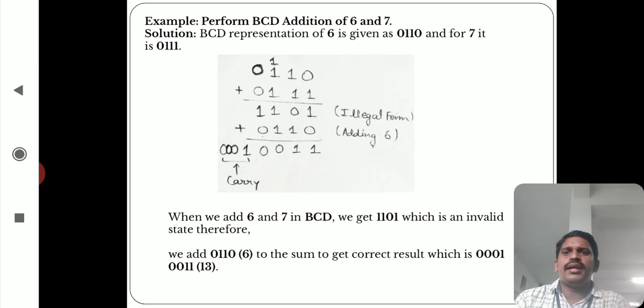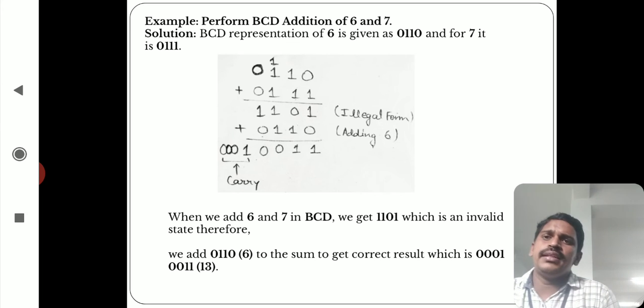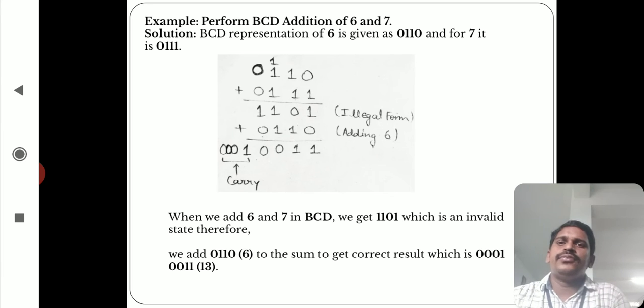Then we correct the result. To add two BCD numbers, first we convert the BCD to binary numbers, followed by binary addition. We add these binary values, and if illegal forms are obtained in the result, then we add the value 6, 0110, to the result.